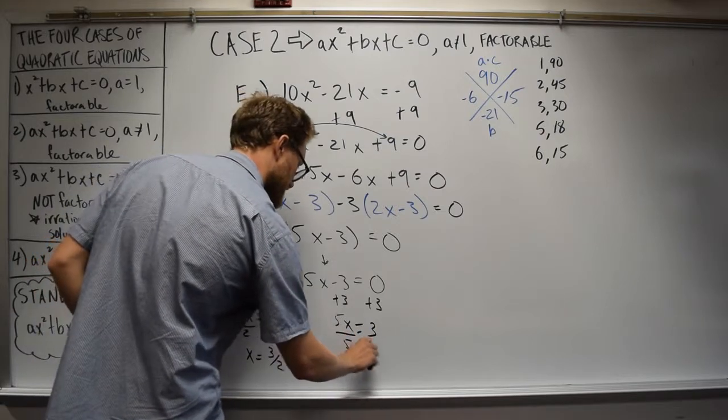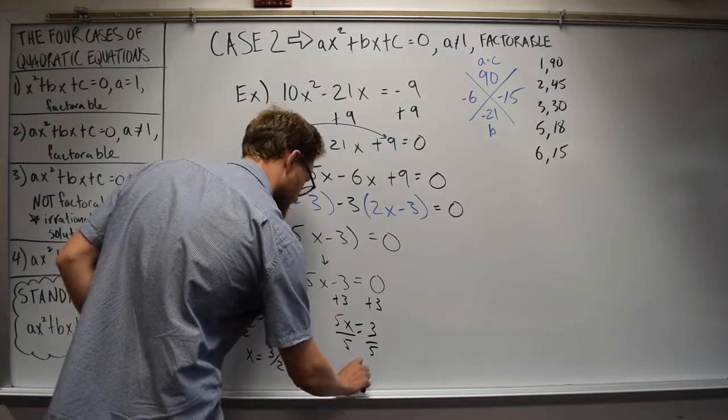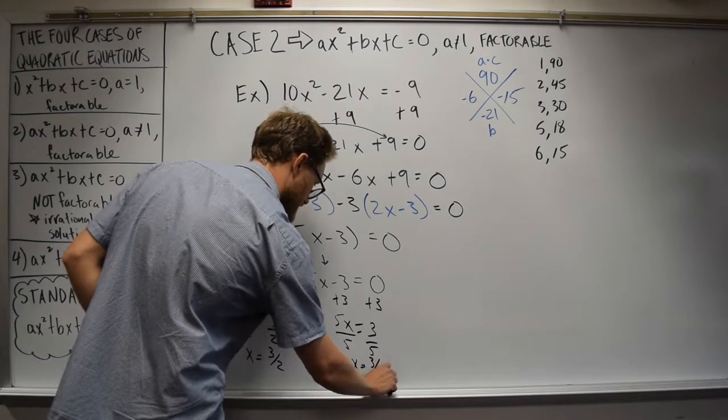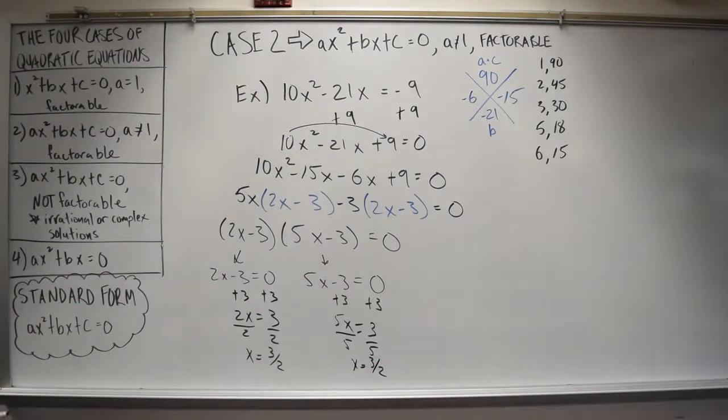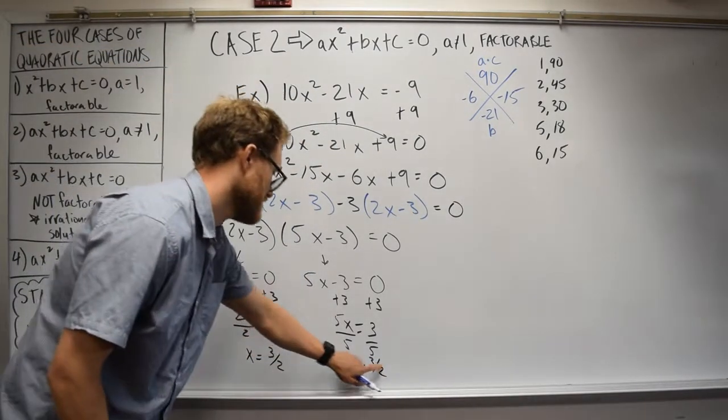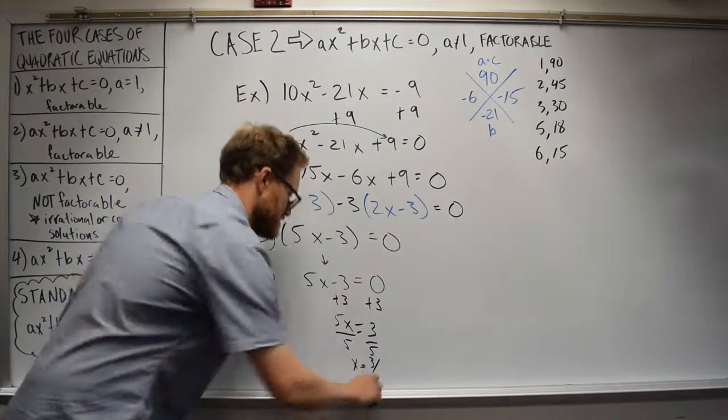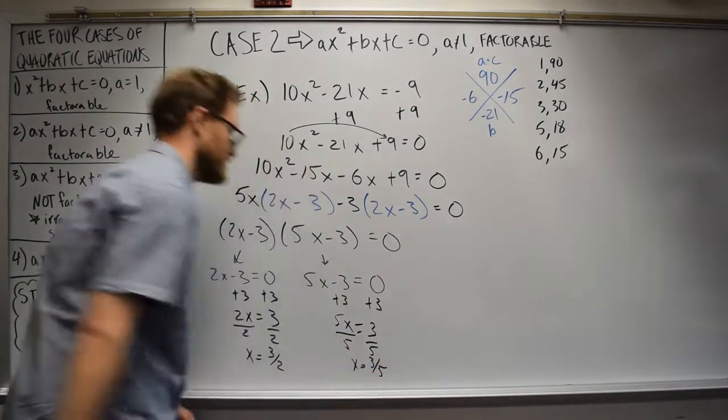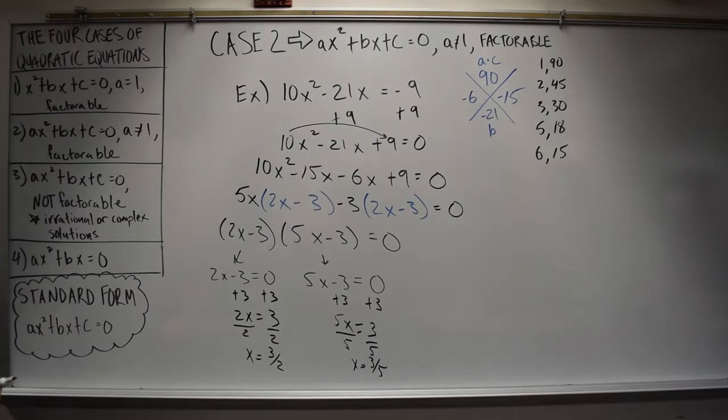Divide by 5. I get x equals 3/5. And those are my two solutions. So x is equal to 3/2 or 3/5 in this equation.